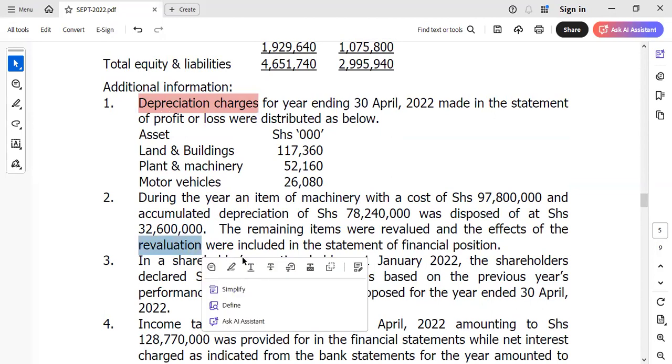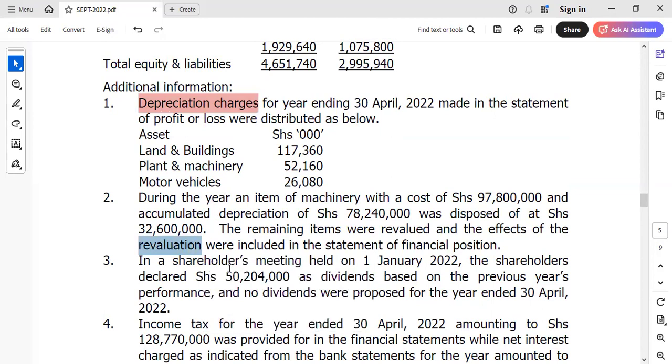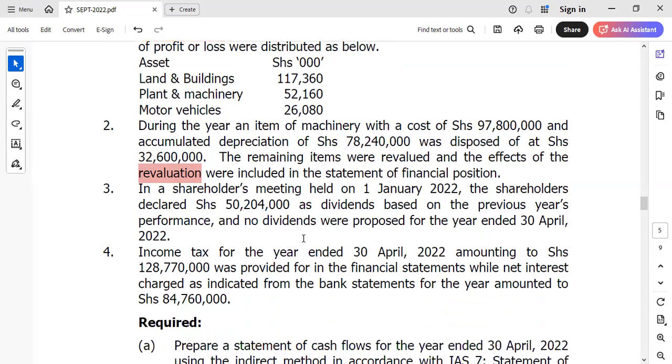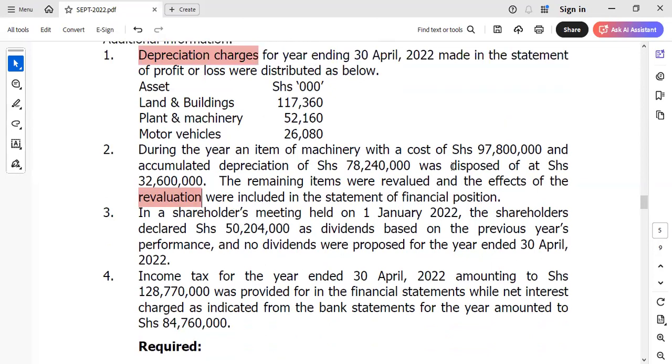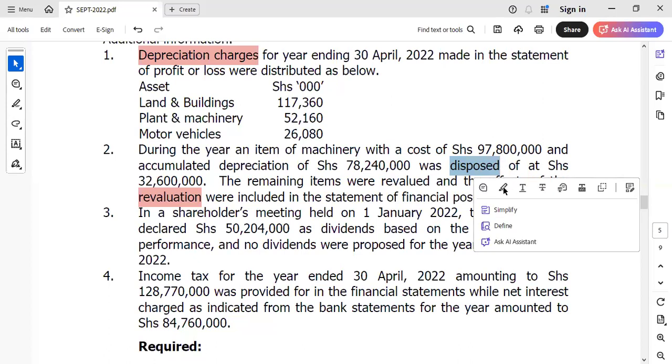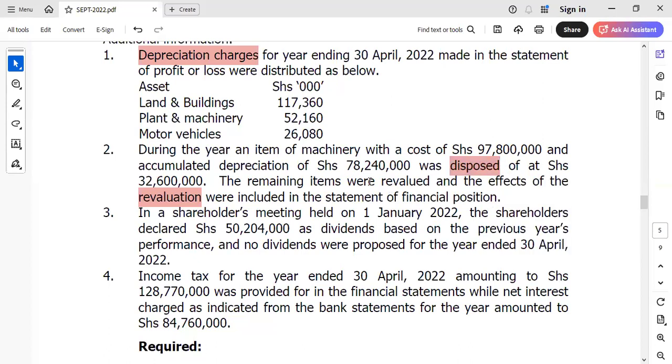Then there is a component of revaluation, so you need to check. Also, there is an asset that was disposed of, so you need to check whether you have a profit or a loss on disposal. Those are some of the things you need to know as you tackle a cash flow question.